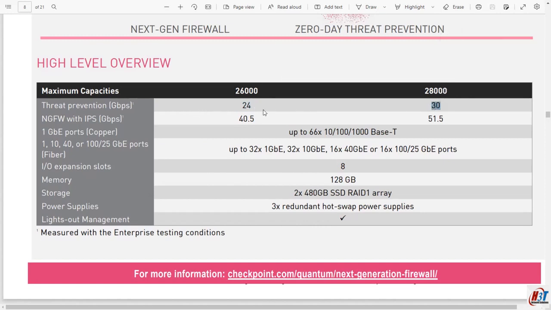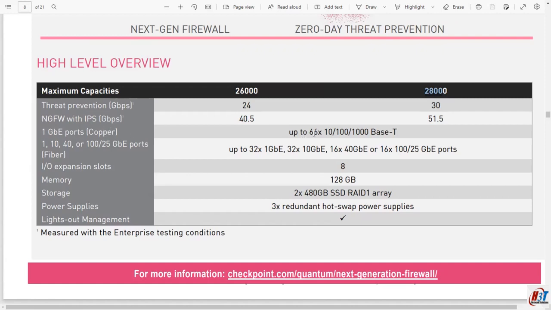So there's a 6 Gbps difference between the 2600 series and the 2800 series. Then the next generation with IPS is 40 Gbps on the 26000 series and 51 Gbps on the 28000 series.